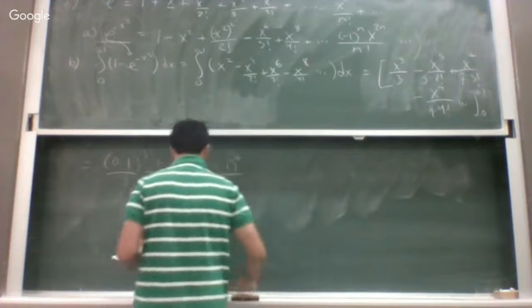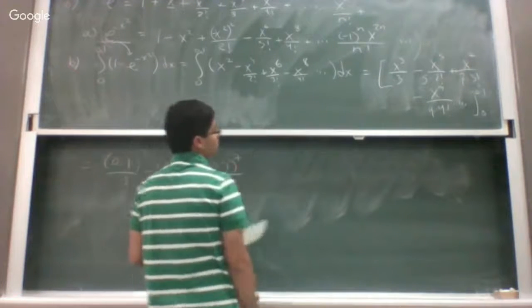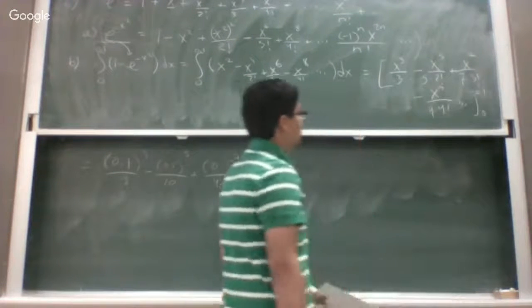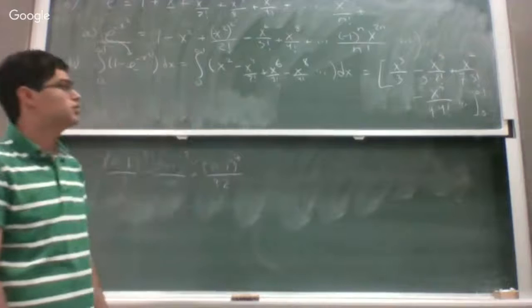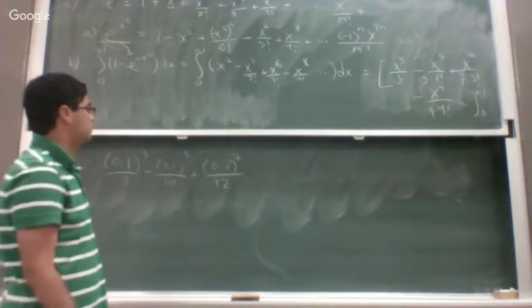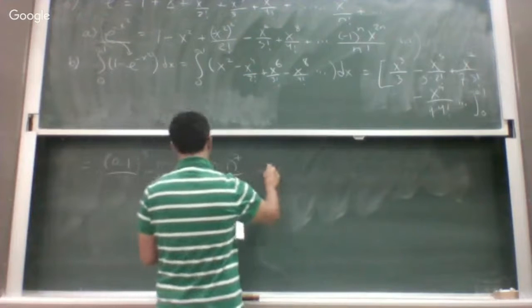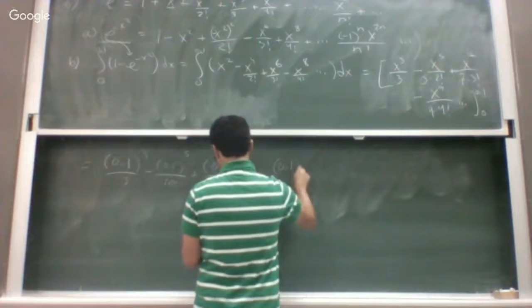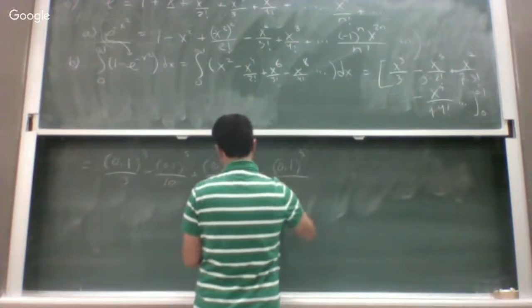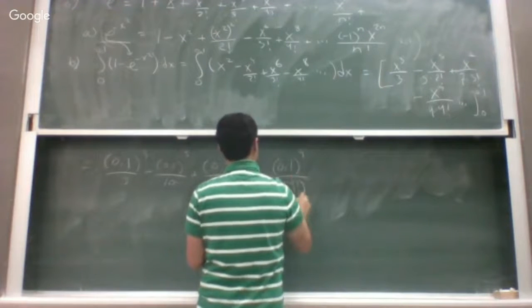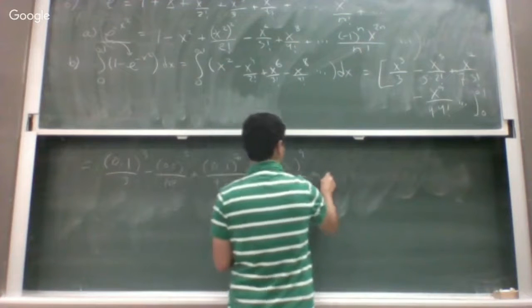For that, we just need to multiply it out: 7 times 3 factorial. 3 factorial is 6, right? So 7 times 6. Minus 0.1 to the 9th, and they just kept it as 9 times 4 factorial, plus dot dot dot.